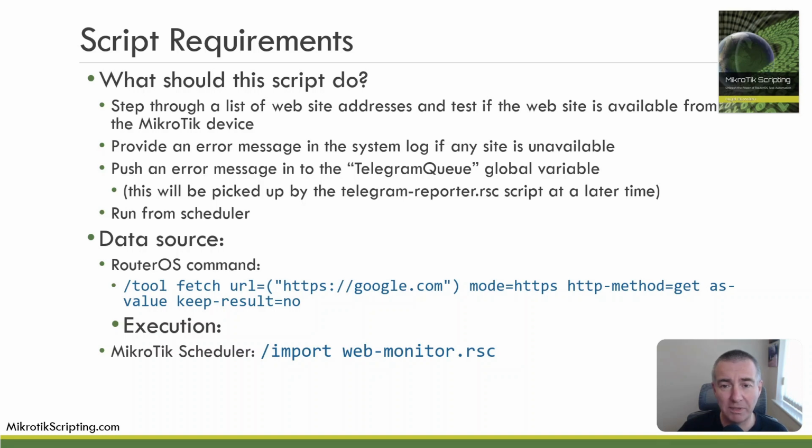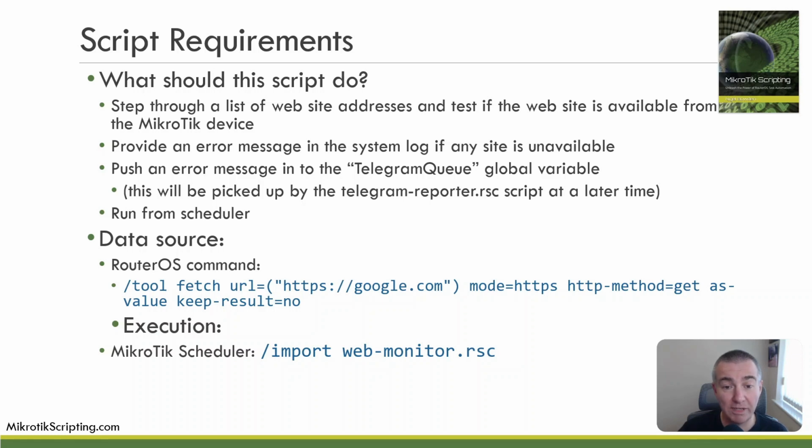It'll step through each of the websites which we specify in our list, provide an error message if they're not available, pop that into the system log, and also push it into the Telegram queue global variable to create an alert for our Telegram reporting script later on.